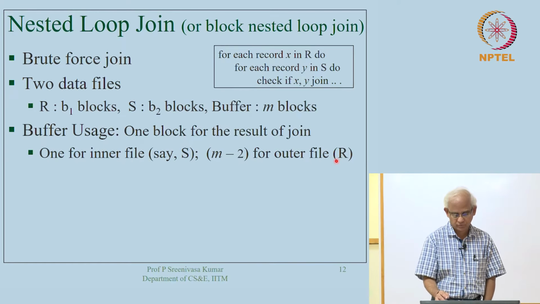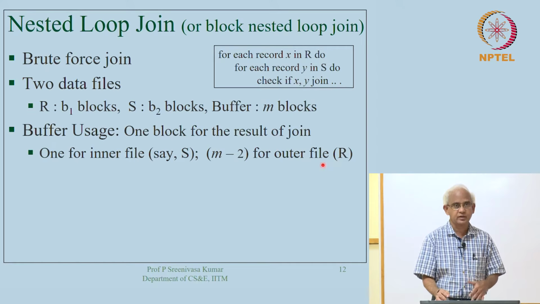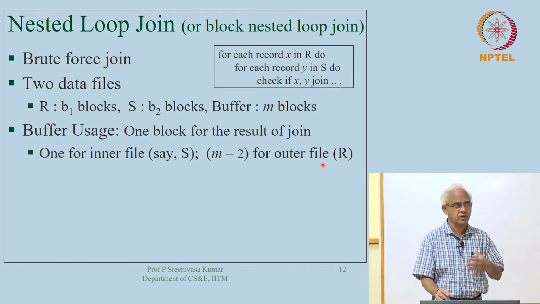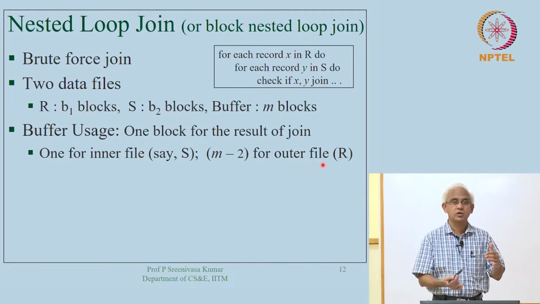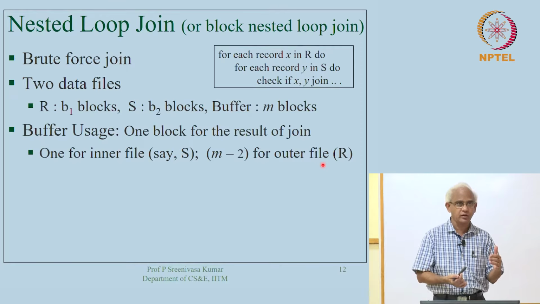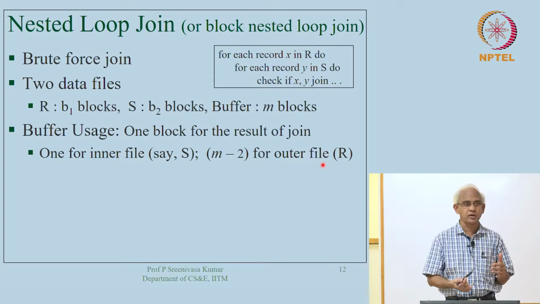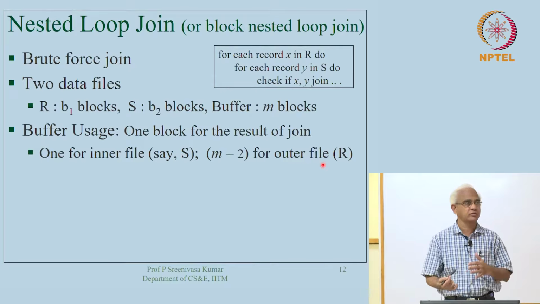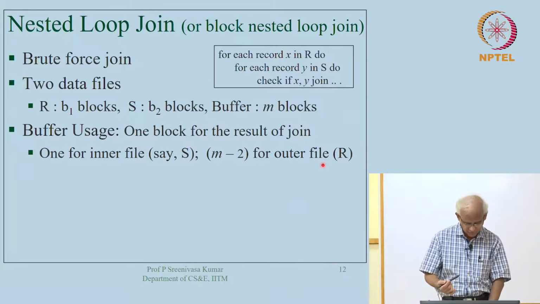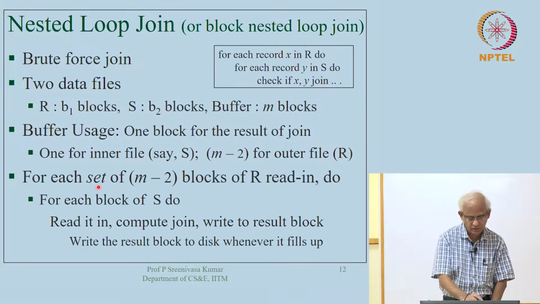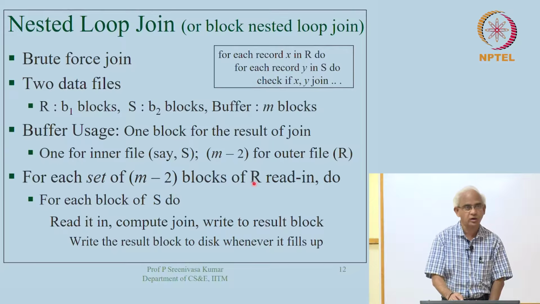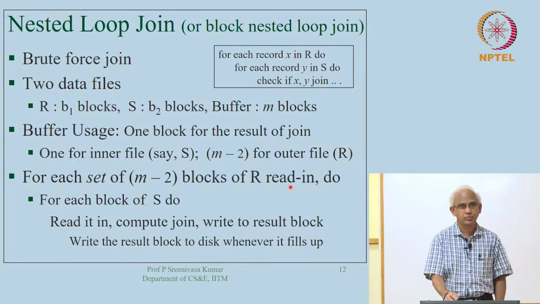The basic idea is that since we are using external files, we will read as large a chunk of the outer file as possible into main memory and make full use of it before moving on to the next chunk of the outer file. So, for each set of M-2 blocks of R that are read in from the disk file of R, we will do this.